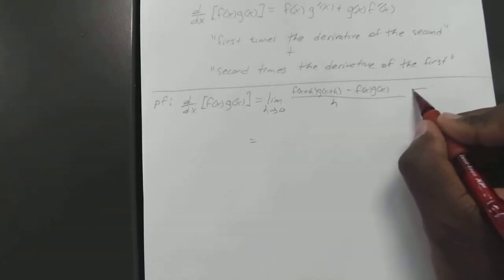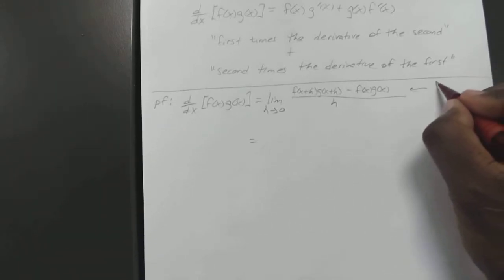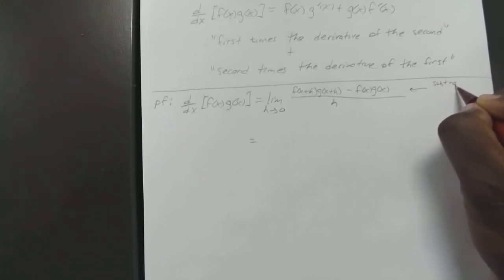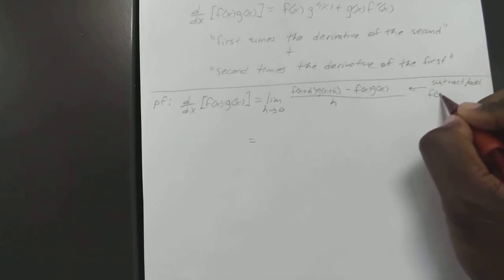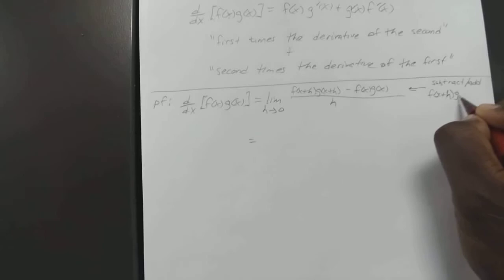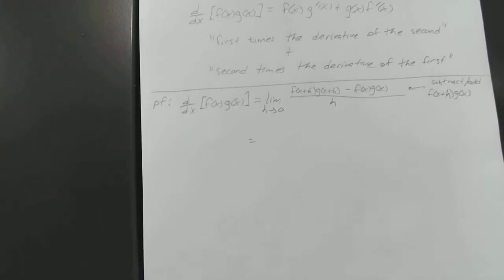Okay. So in the numerator, we're actually going to subtract and add f of x plus h times g of x.